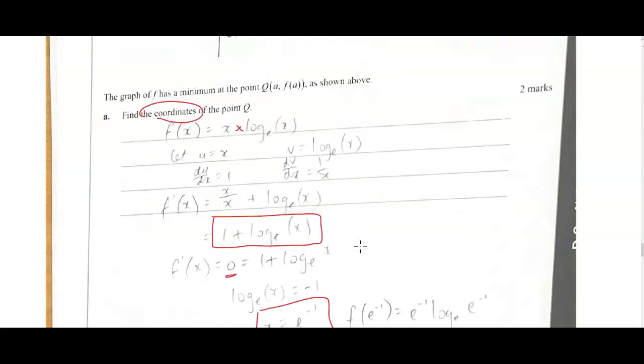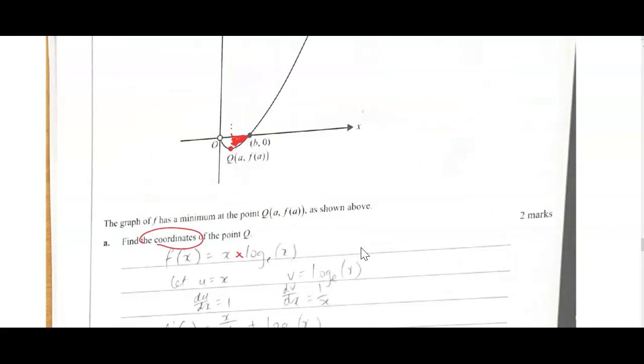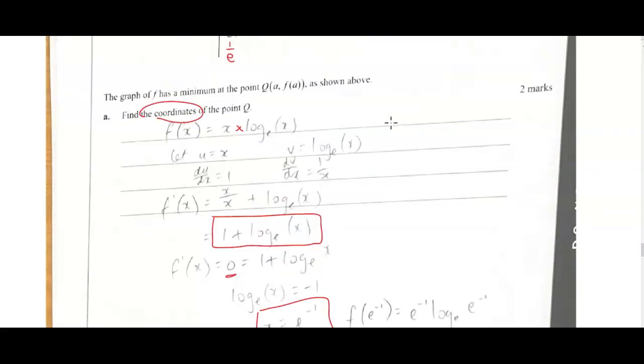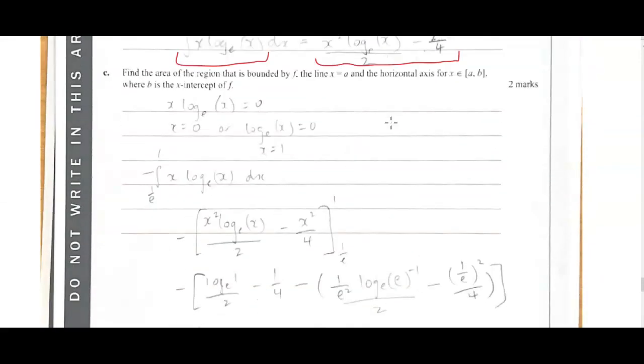So A, did we work out A? Oh my gosh, yes. That's 1 on E. Oh, why did I write 6? Okay, and then B, that's what I worked out here. So let it equal 0. Find the area of the region that is bounded by F, the line x equals A, and the horizontal axes.